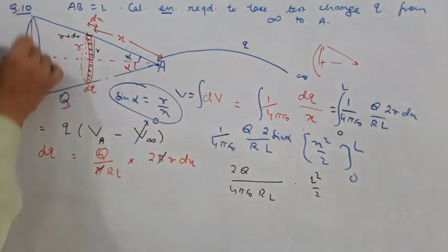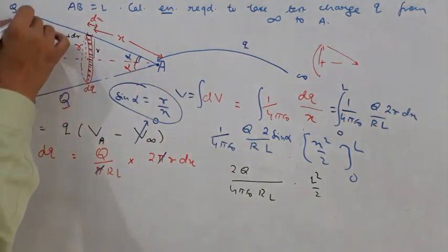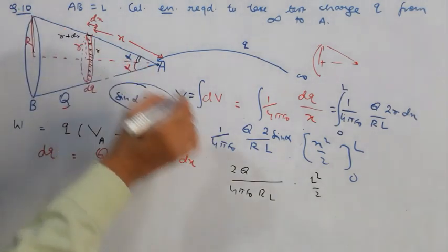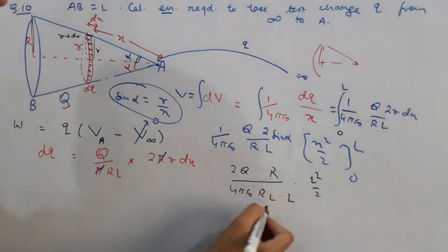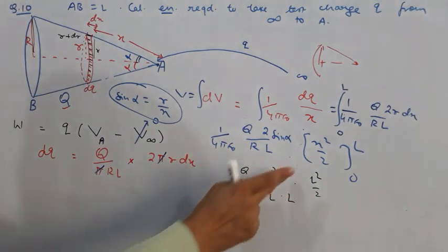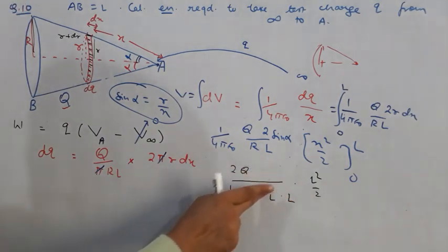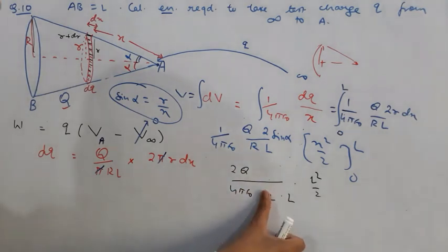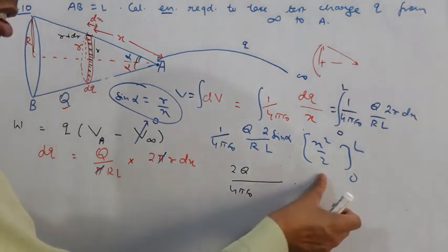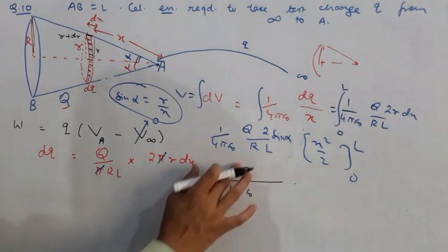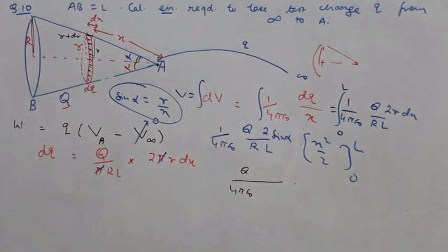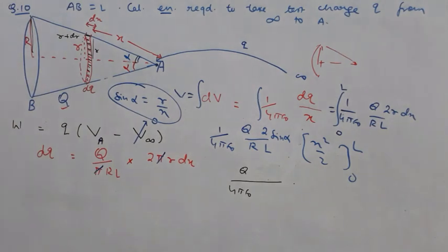You can see in this big triangle, sine alpha is equal to perpendicular upon hypotenuse. That is R upon this length, which is L. So R will cancel. L into L becomes L square. So L square will also cancel. 2 will also cancel, this 2 and this 2. So how much is left behind? Q upon 4 pi epsilon naught.